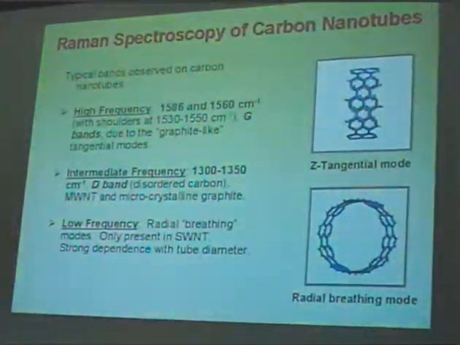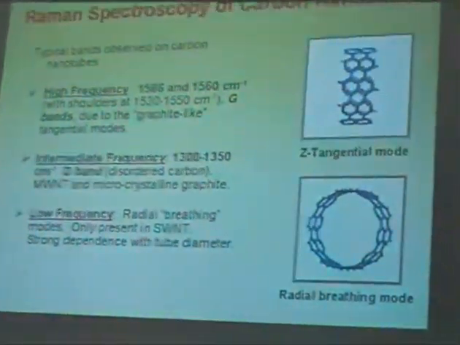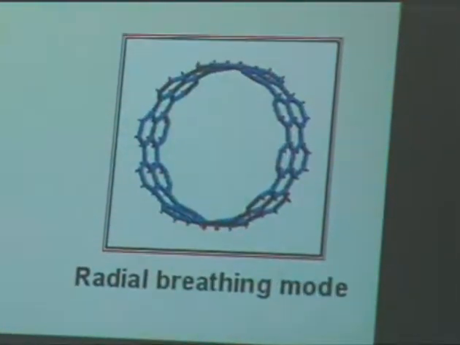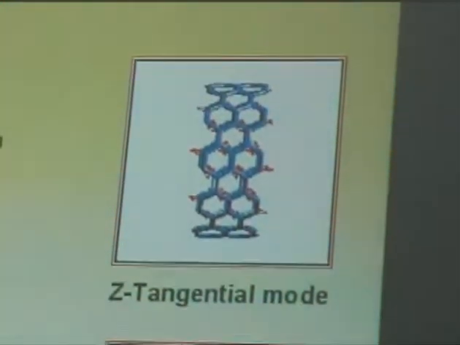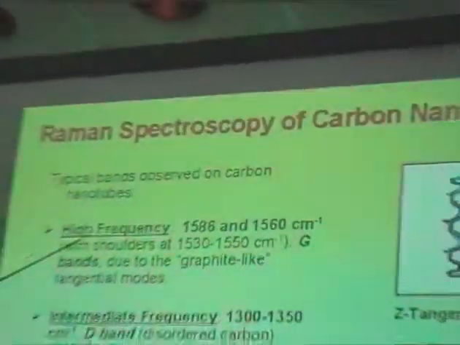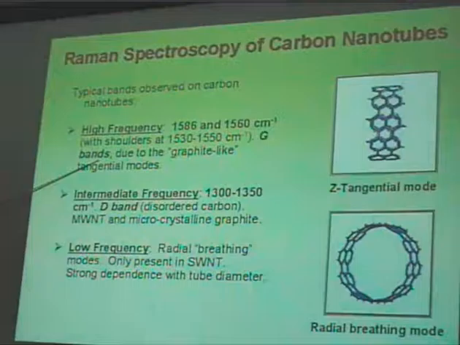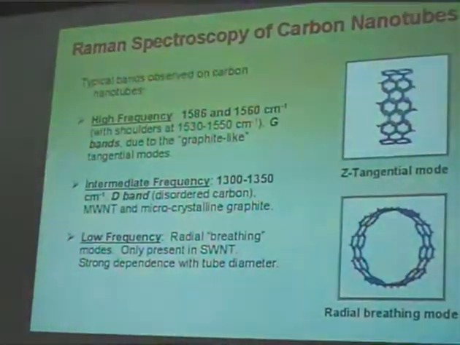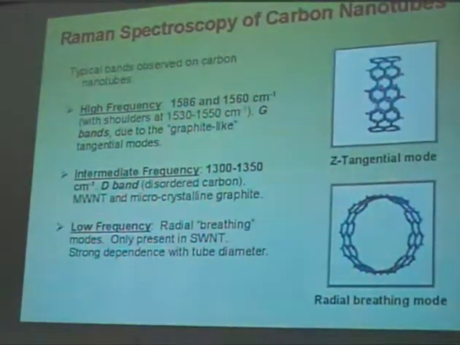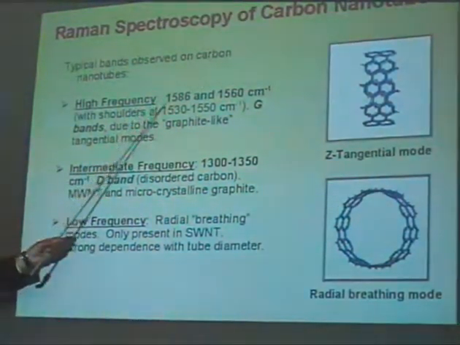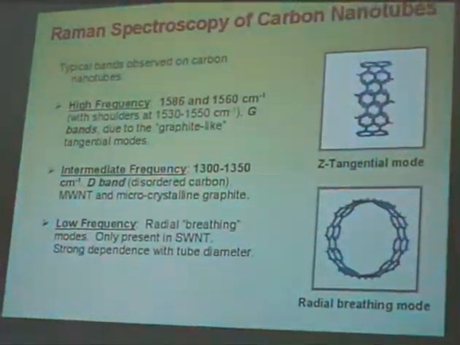One of the techniques that has been used to characterize the nanotubes is Raman spectroscopy. Raman spectroscopy has 3 regions, one of high frequency, which is typical of the graphite-type tangential modes of vibration, in the region of 1580 to 1560.